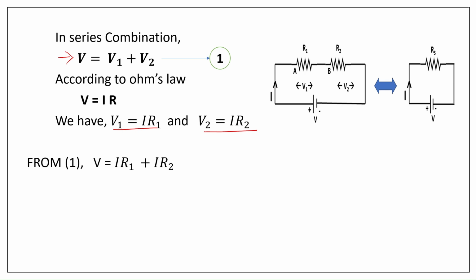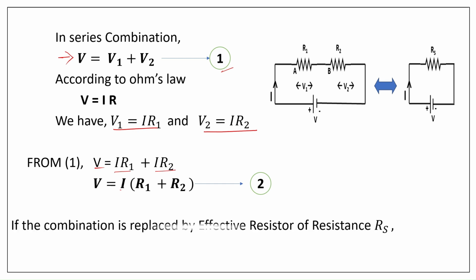Substituting V1 and V2 values in equation 1, we get V is equal to IR1 plus IR2. Take I common, we get V is equal to I into bracket R1 plus R2. Mark as equation 2. If the combination is replaced by an effective resistor of resistance Rs, we get V is equal to I Rs. Mark as equation 3.